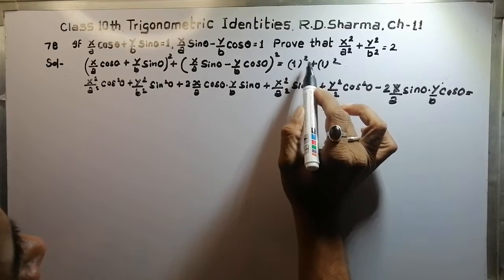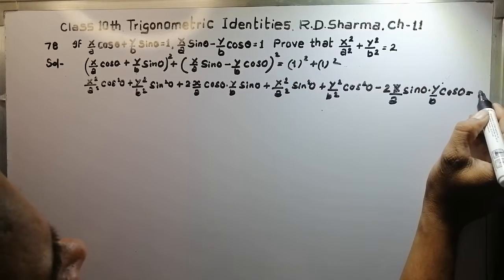Here 1 square plus 1 square will make equal to 2.